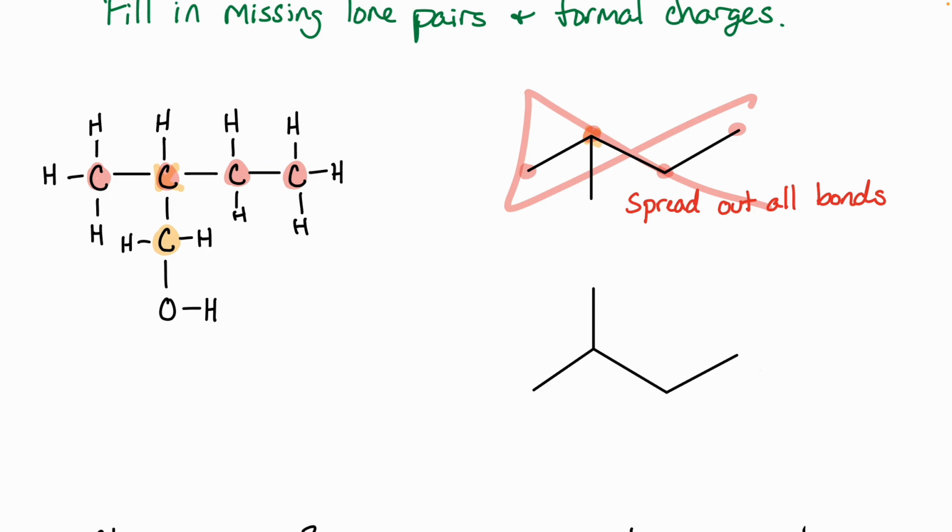Just to keep my coloring consistent, we said that these 4 were the straight chain. This is now the one pointing off of that main chain. And what else do I need to include to finish this off? That OH group. So again, OH, and I'm going to put in my lone pairs.